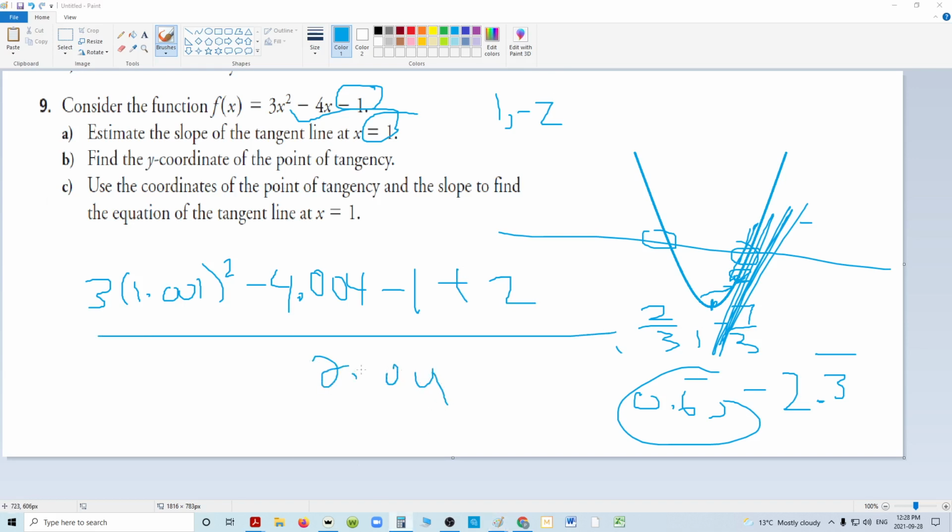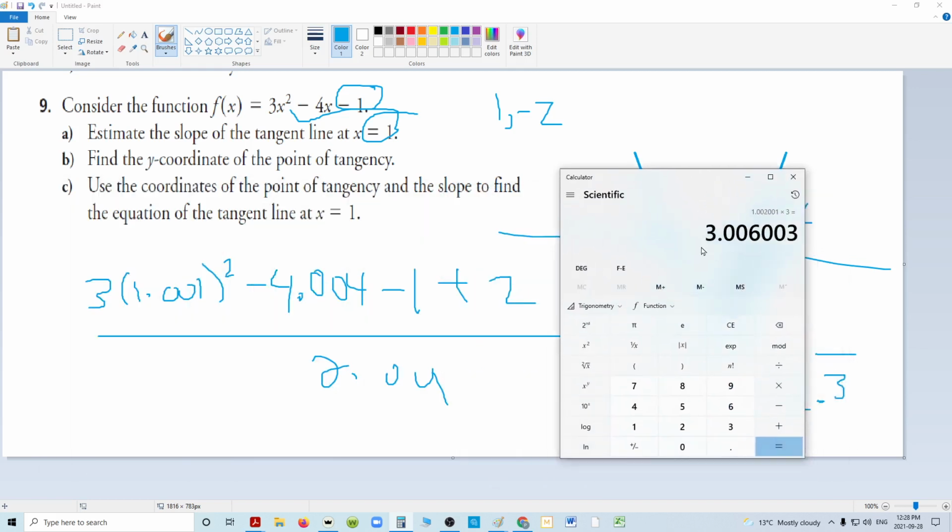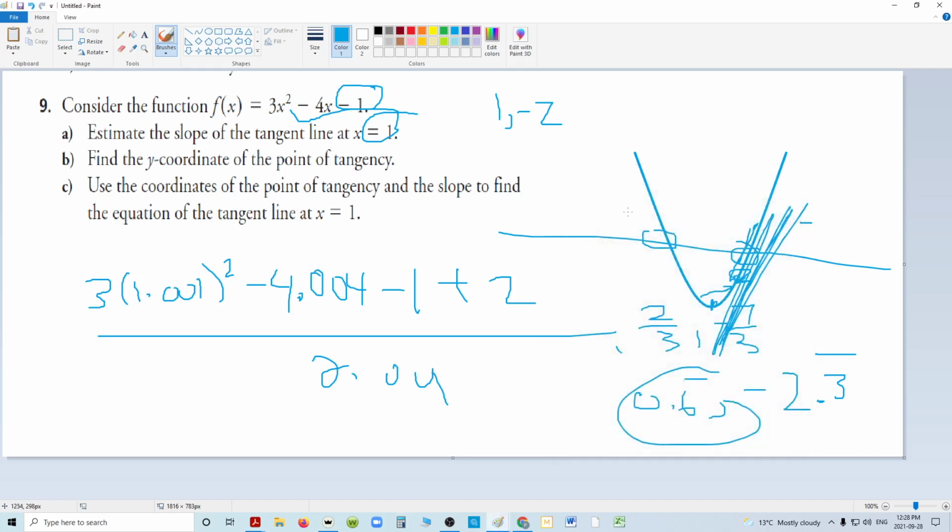So if I do 1.01, square it, times 3, minus 4.004 equals minus 1. Then I add 2. I get that, and I'm going to divide it by my h. And I get 2.03, so it's quite clear to me that the slope is going to be roughly 2.